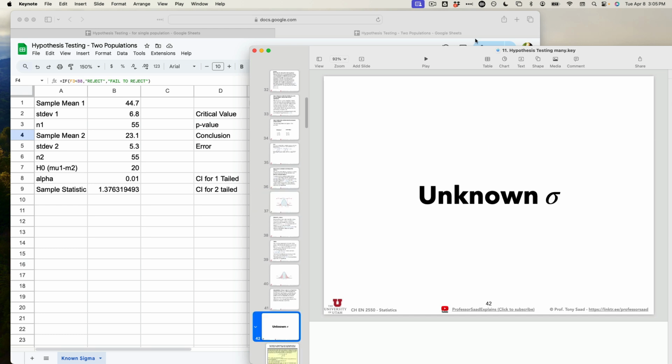Now I want to jump to the next level of complexity, which is when you don't know the population standard deviations. We did this with confidence intervals, and we had two situations. We had a situation where we really don't know what they are, we don't know if they're equal or not, and we used one formula, which was based on the t-test.